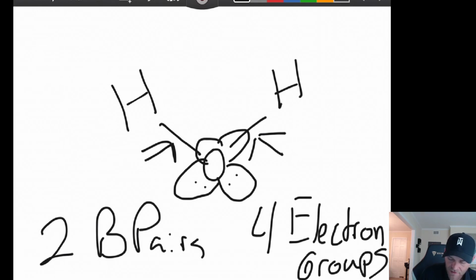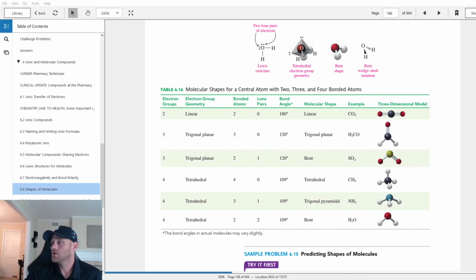Okay, so I've done this, and remember I did my Lewis diagram. I came to the determination that I have to form a bond with this H and this H. And so now I'm at this point and I'm trying to figure out its shape. So I go to my chart here, I say 4 electron groups, there's that. 2 bonded atoms, so I come down here to that, and it means I have 2 lone pairs, that's correct.